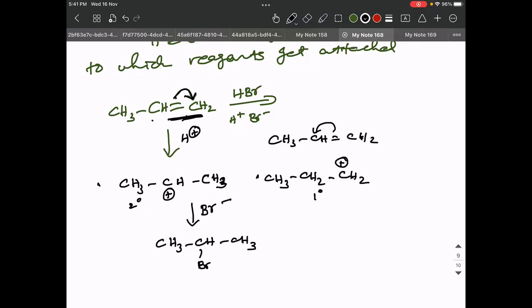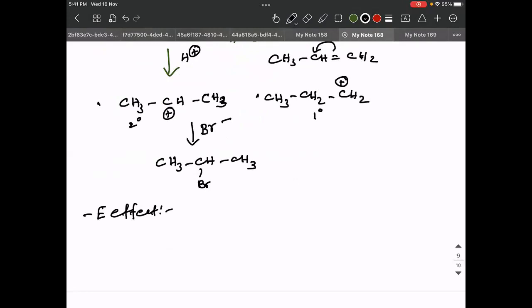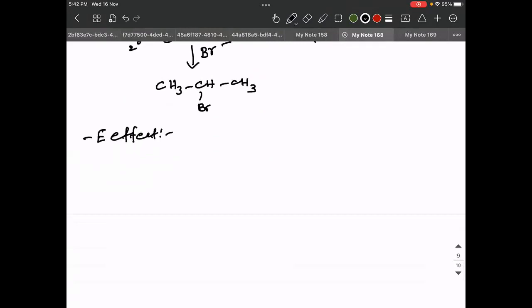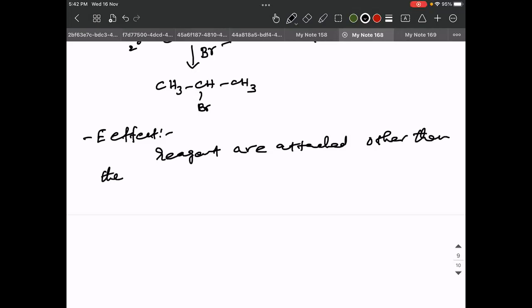Here, electrons of multiple bonds are shifted to some atom of the same molecule. So the reagent will not be attached where the pi electron is shifted. The reagent is attached other than at the pi electrons.